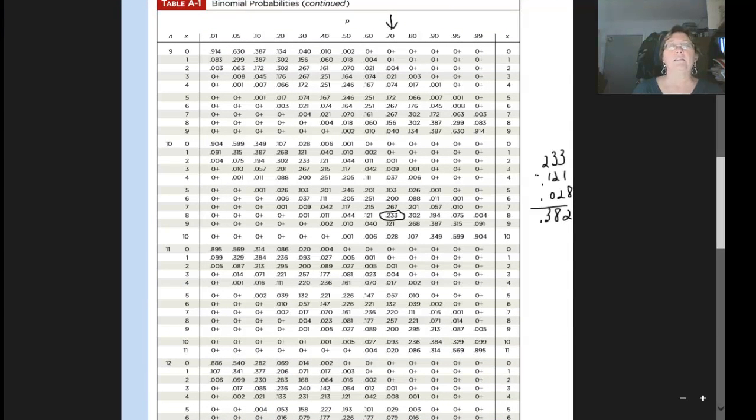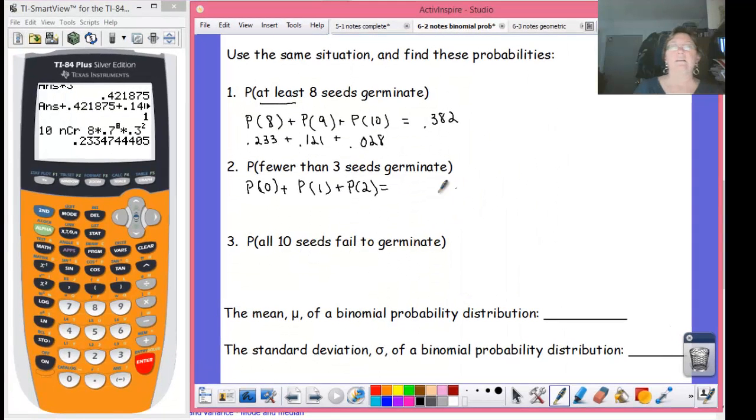And just going back here quickly, oh, look at that, the probability that you get no seed, that means that it's less than 0.0005 in this table. Same thing is true for having 1 germinate out of the 10. And then when you get to 2 seeds germinating, 0.001 is that probability.